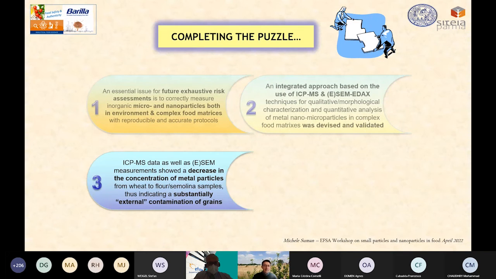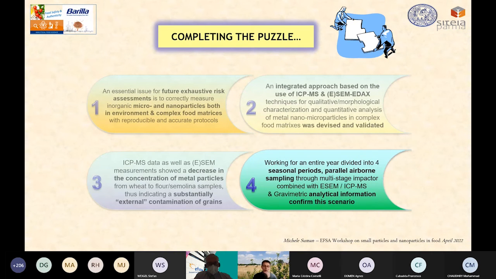We can say that, specifically talking about the durum wheat to semolina and pasta chain, there is a decrease of the concentration of metal particles that substantially indicates an external contamination, a fallout from the environmental area, air, followed by a decrease due to the cleaning, the branning, and corresponding food processing stages until the final pasta product.